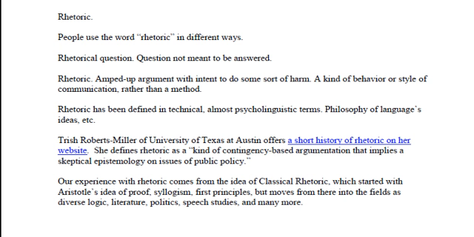Professor Trish Roberts-Miller at UT Austin offers a short history of rhetoric on her website. She defines rhetoric, and this is the fancy way to put it, but it's how we are going to use it, as a kind of contingency-based argumentation that implies a skeptical epistemology on issues of public policy. What that means is when you offer an argument, you're not settling the argument.